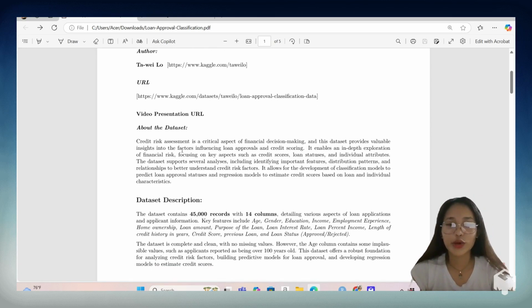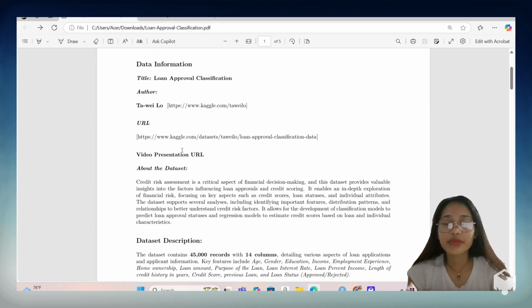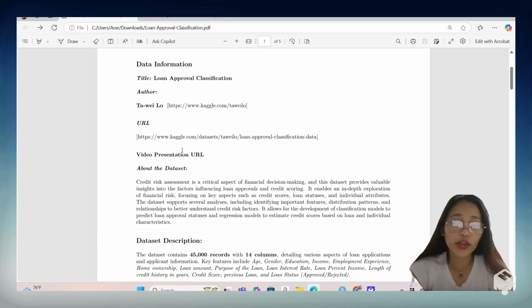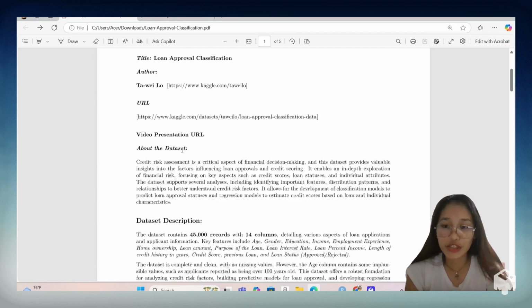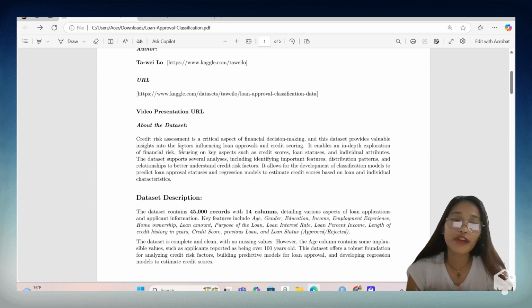About the dataset, credit risk assessment is very important for financial decisions, like deciding who gets a loan. This dataset helps us understand what affects loan approvals and credit scores. It includes details about credit scores, loan statuses, and personal factors. Using this data, we can study patterns and relationships, like which factors are most important or how different groups are distributed.